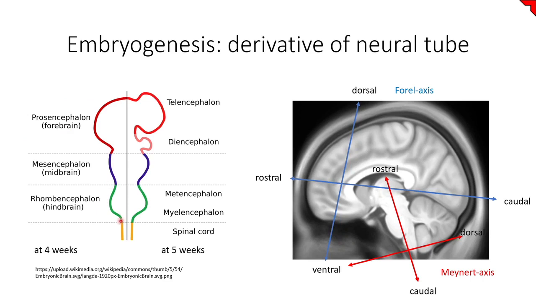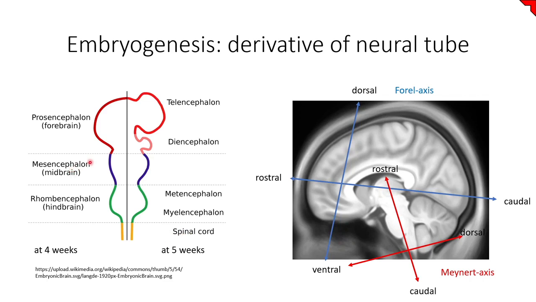These 3 vesicles then at week 5 differentiate into 5 distinct vesicles. The prosencephalon differentiates into the telencephalon and the diencephalon. The mesencephalon stays the same. The rhombencephalon differentiates into the metencephalon and the myelencephalon. And the spinal cord also differentiates at this time.